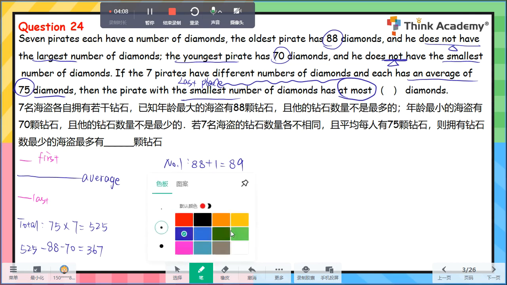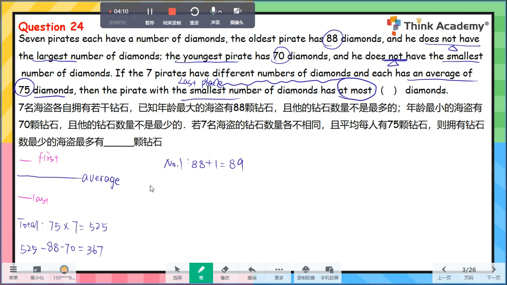Then the question becomes: 4 pirates share 367 minus 89 diamonds, because the other 3 pirates' diamonds have been decided. Then it will be 278 diamonds shared by 4 pirates.